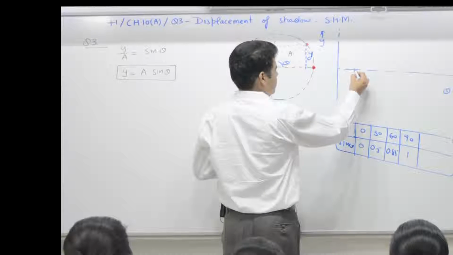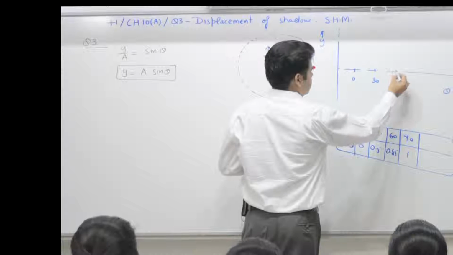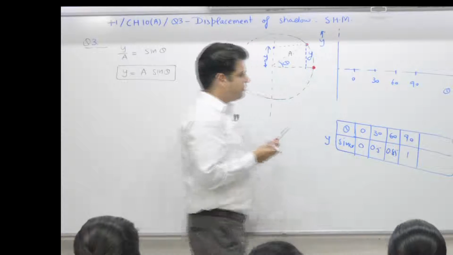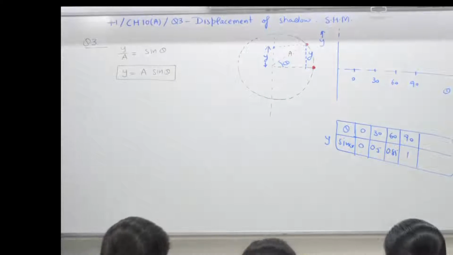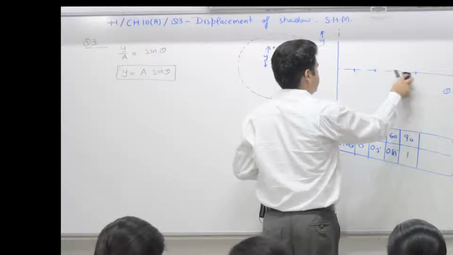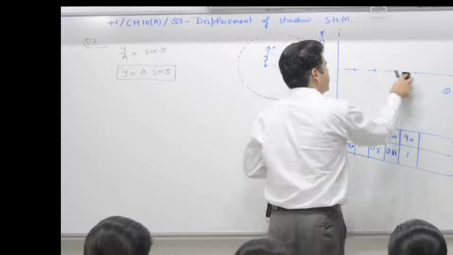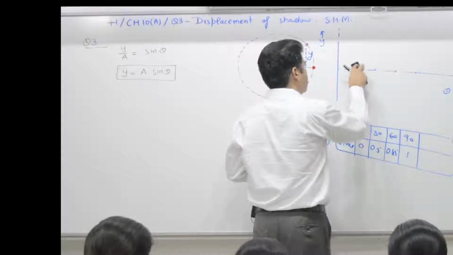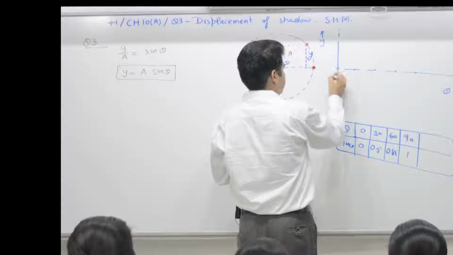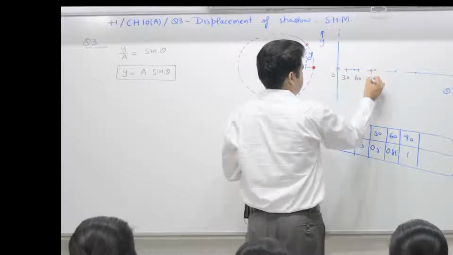It is 0, 30, 60, 90. I will have to change the scale because I want to get the complete circle. I want to complete the circle. Let me do it again. 0, 30, 60, 90.